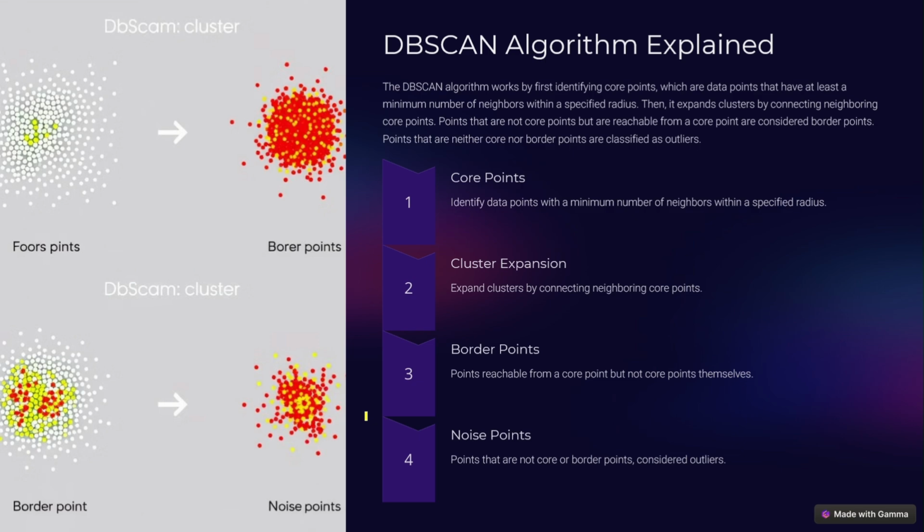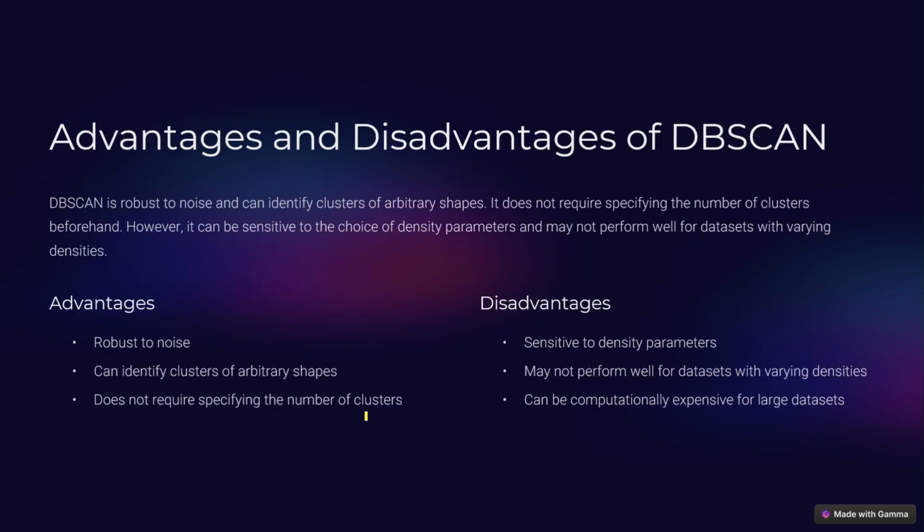They belong to the cluster but are not core points. Noise points. Any points that don't fit into a cluster are called noise and are treated as outliers. What's great about DBSCAN is that you do not need to specify the number of clusters. It figures that out based on the density of the data.